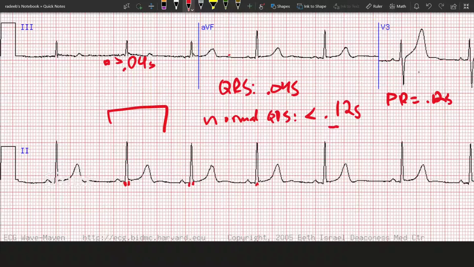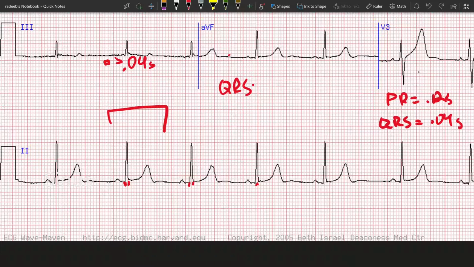If you have a wide QRS that's 0.12 or greater, then you have a wide QRS complex. So here our QRS on this ECG is going to be 0.04, which is normal. For this part of the interpretation, you do want to mention the exact measurements. And if you're just doing a rough interpretation, you want to just make sure they're normal.